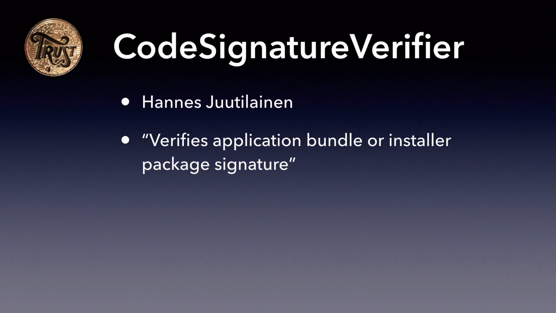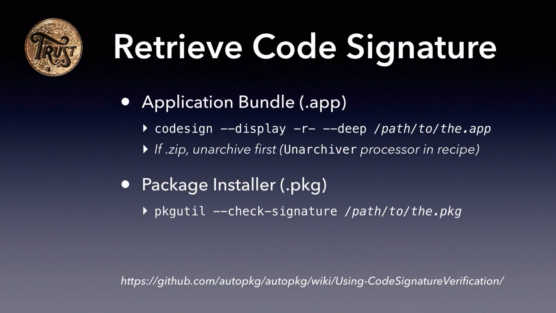Code signature verifier is to check the integrity of the app or package installer, right? Packages are signed, and it can check the signature to make sure it matches what it expects. Depending on whether it's an app or a package, you do that separately.